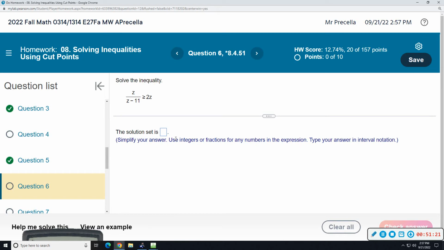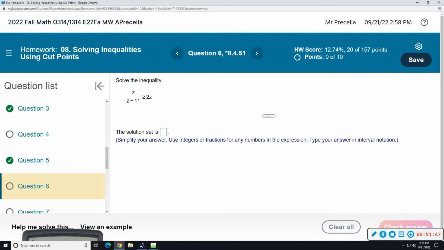Got to be careful because I don't want that to wind up looking like a 2. z over z minus 11 is greater than or equal to 2z. z over z minus 11 is greater than or equal to 2z.